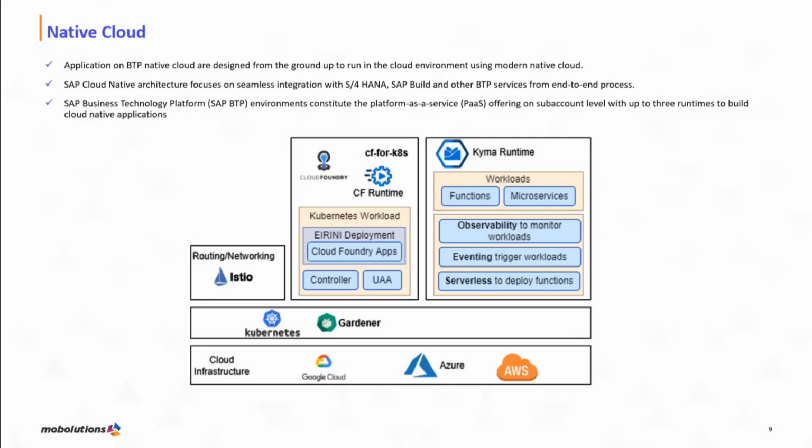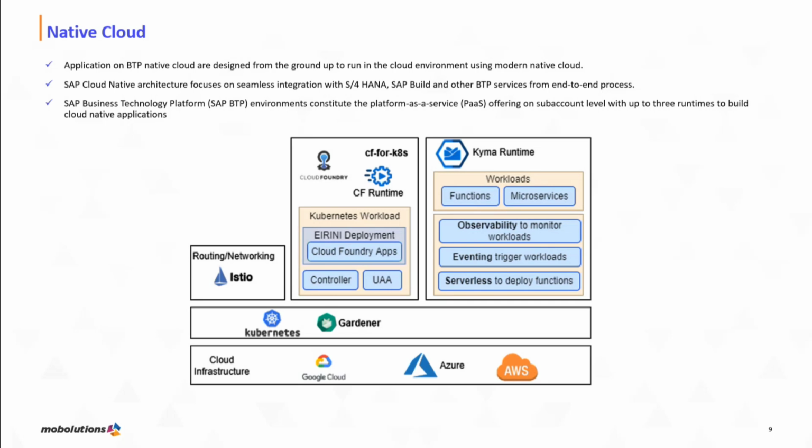Finally, let's explore cloud native development on BTP. For building microservices and APIs, SAP BTP supports cloud native development using Node.js, Java, Python, and Go language. Teams can deploy on Kyma or Cloud Foundry, leverage API management, Istio service mesh, and integrate with CI/CD pipelines.